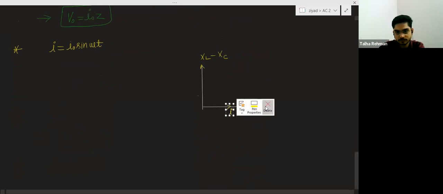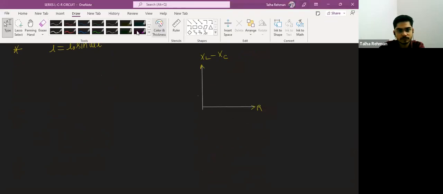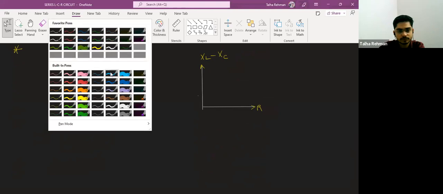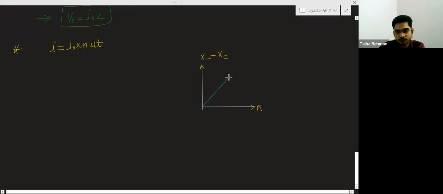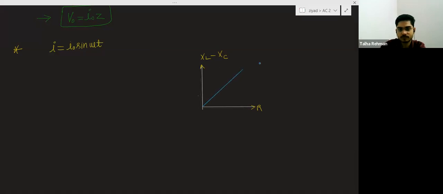Suppose this is your resultant Z, and if you join this like this, then this length will be the resistance, and this length will be XL minus XC.